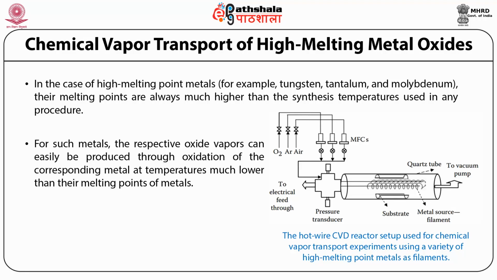Experiments using tungsten filaments and oxygen flow at low partial pressure in the range of 0.05 to 0.3 torr, filament temperature around 1600 degrees Celsius and substrate temperature around 500 to 800 degrees Celsius result in the synthesis of tungsten oxide nanowires.